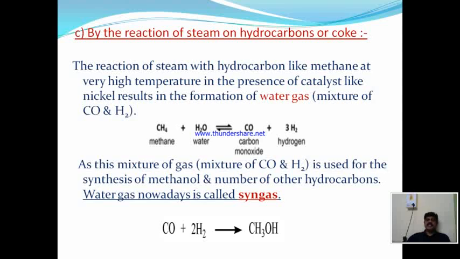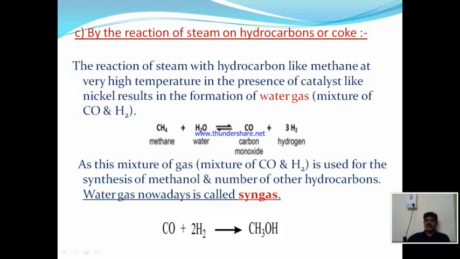Third method, by the reaction of steam on hydrocarbons or coke. Children, the reaction of steam with hydrocarbons like methane at very high temperature in the presence of a catalyst like nickel results in the formation of water gas. What is water gas? Please look here. Water gas is nothing but a mixture of carbon monoxide and hydrogen. When steam is passed through methane, you are going to get a mixture of carbon monoxide and hydrogen.